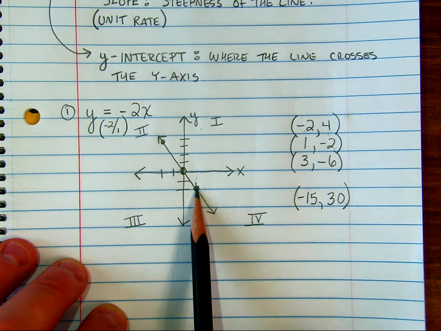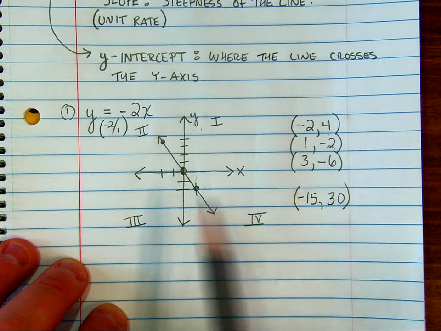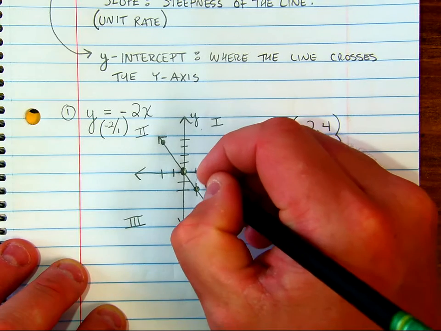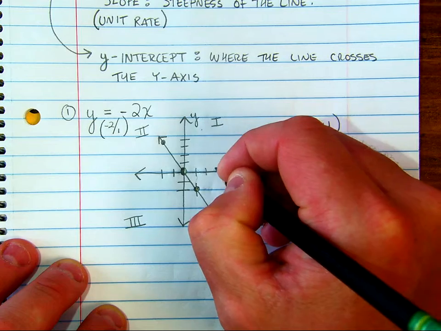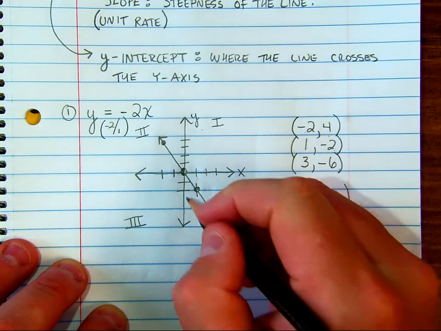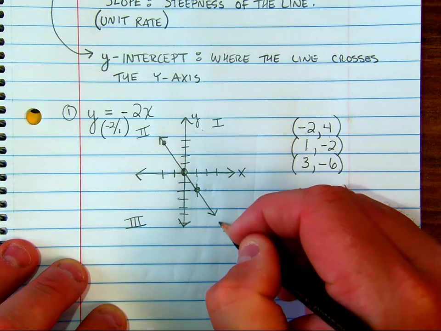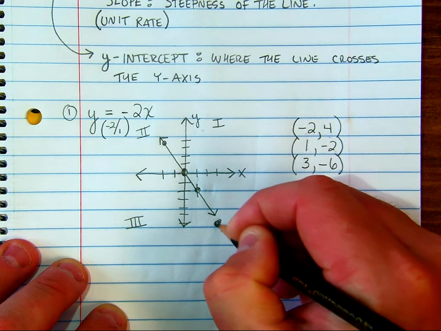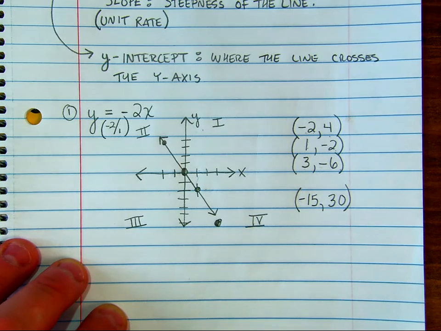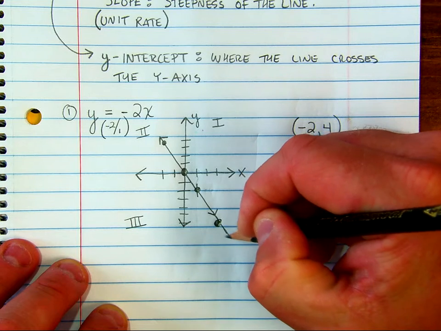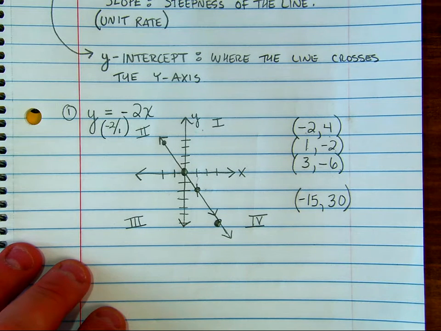It's on the line. The point 3, negative 6 should be on this line. And if I extend my line, look what happens. It's on my line.